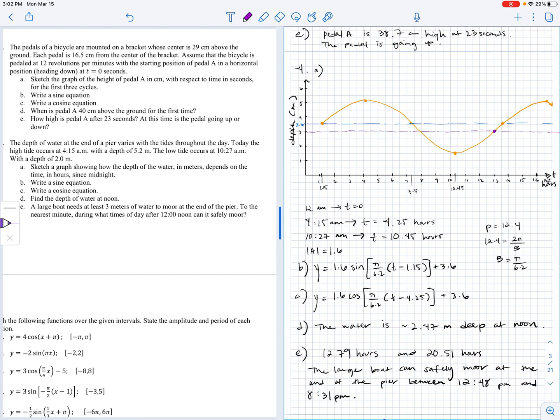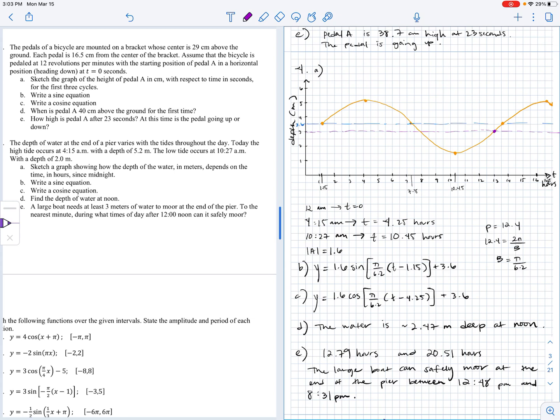I want to find this point of intersection, and then my graph is cut off. So on my calculator, in y sub 1, I graphed one of the equations. I just used the sine equation. And in y sub 2, I did y sub 2 equals 3, because I want to find the point of intersection between that horizontal line at y equals 3 and my sinusoidal function.